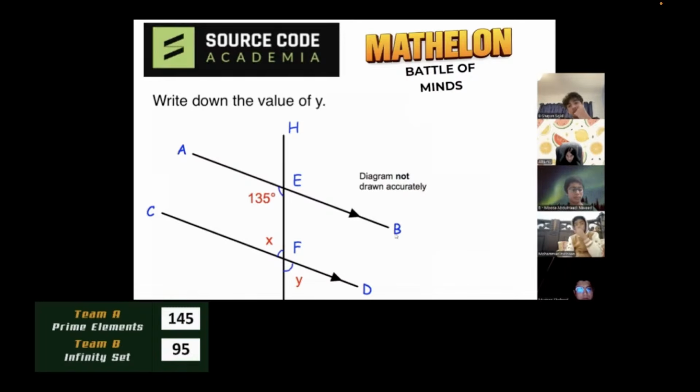It's not 135. 135 and x, these two angles are co-interior angles whose sum will be equal to 180, and x will be equal to 45 then. So the answer is 45 because x is 45, so y will be the opposite angle. Therefore, it is 45 as well. Vertically opposite angle.